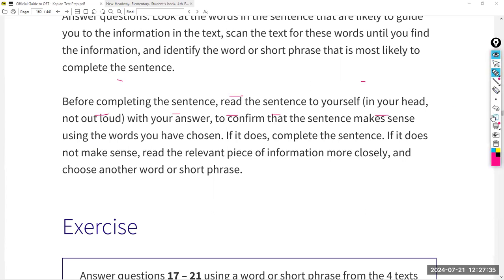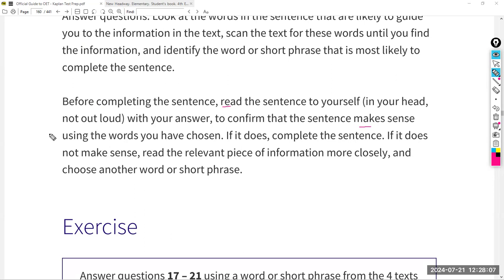Before completing the sentence, we have to read the sentence to yourself, absolutely in your head, not out loud, just to confirm that the sentence makes sense. All the sentences that are going to be written have complete meaning. After writing the word or phrase to complete the sentence, please read the sentence completely. If you find that this sentence has a meaning, yes, you are right.